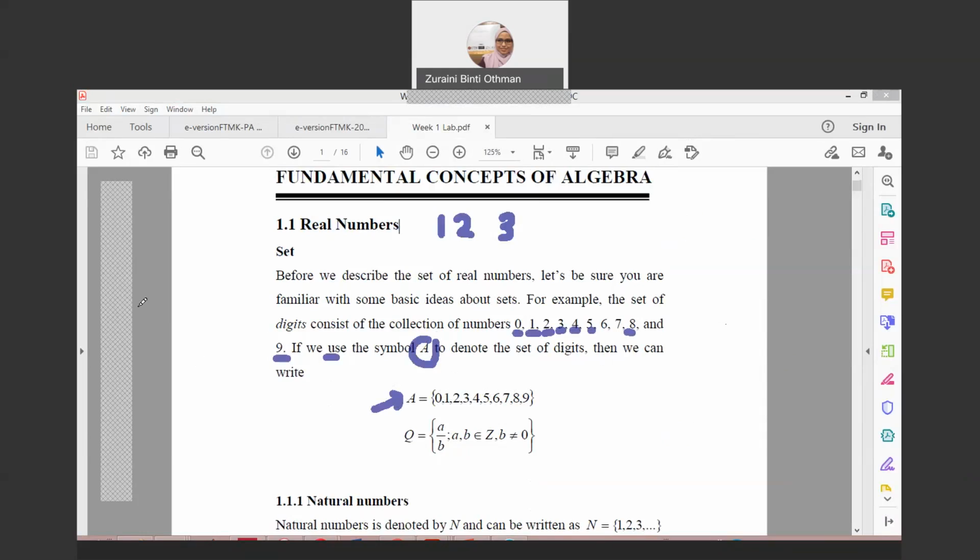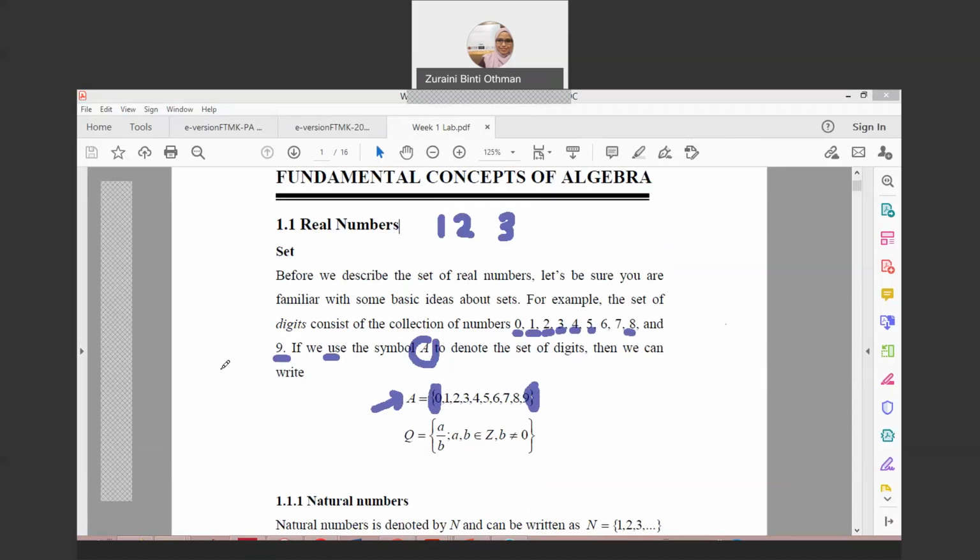Dalam set selalunya kita guna curly bracket ni. Curly bracket ni melambangkan itu ialah set. Dalam tu ada unsur-unsur ni.